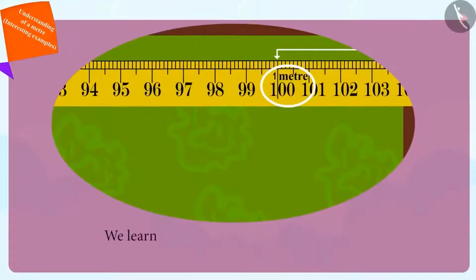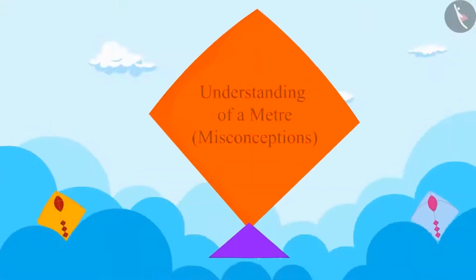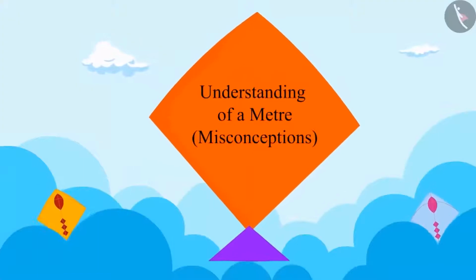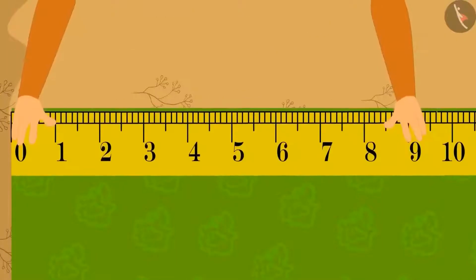Children, in the last video, with some interesting examples, we learned how to use meter and why we use it. In this video, we will look at some of the misconceptions related to this. Chanda measured the size of the curtains with her measuring tape.